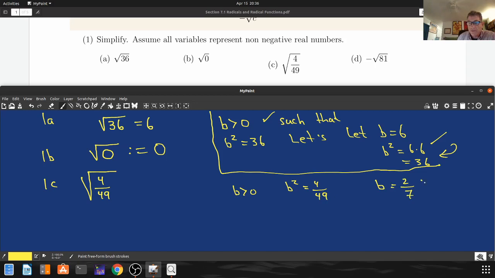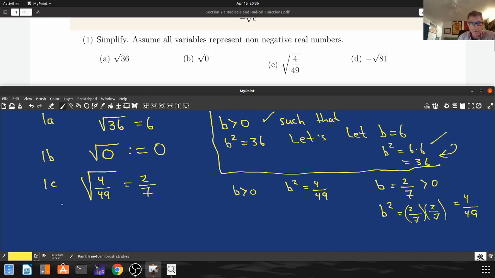Well, 2/7 is clearly greater than 0, and b squared is equal to 2/7 times 2/7, which is equal to 4 over 49. So the answer here is 2/7.